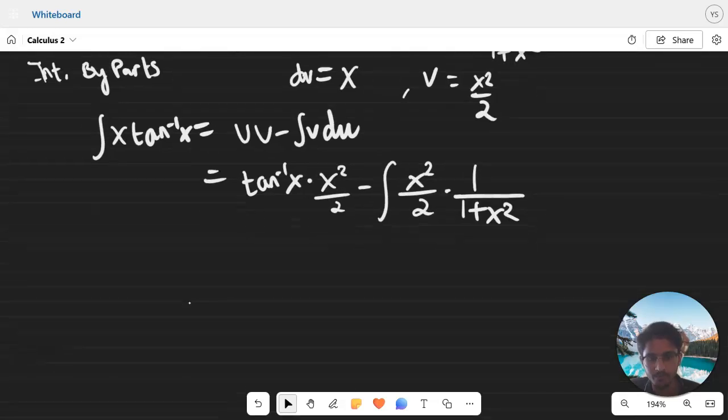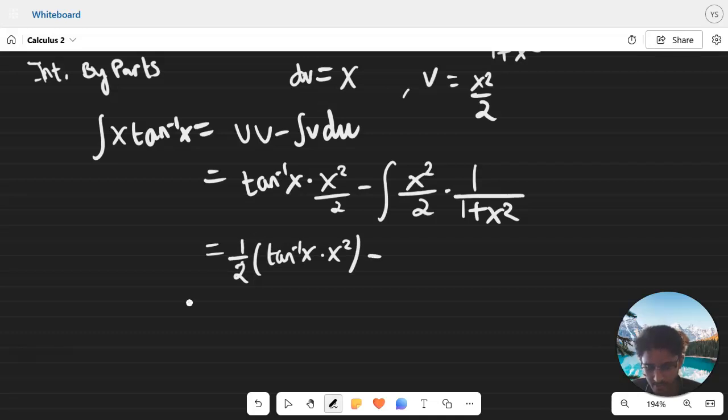Factoring out the half, we get one half tan inverse of x times x squared, minus one half times the integral of x squared over 1 plus x squared.